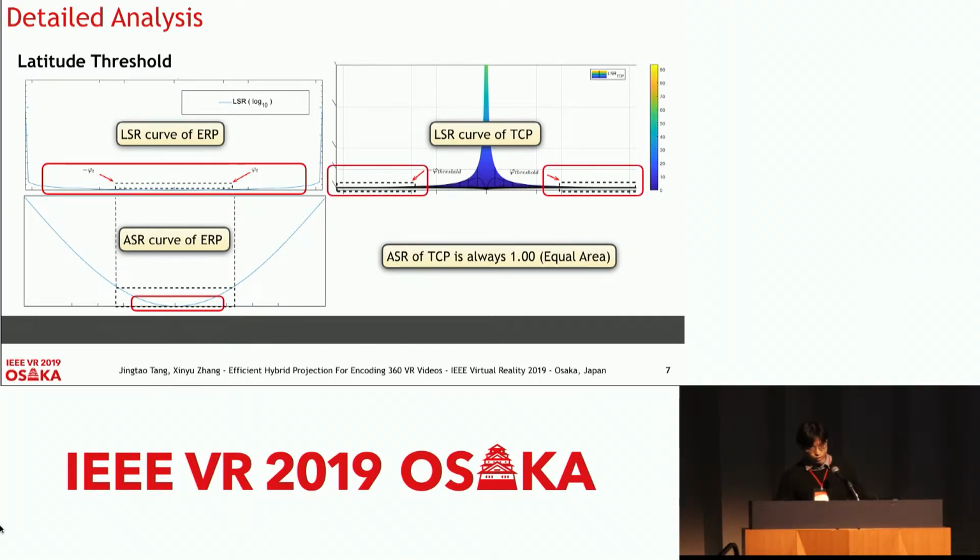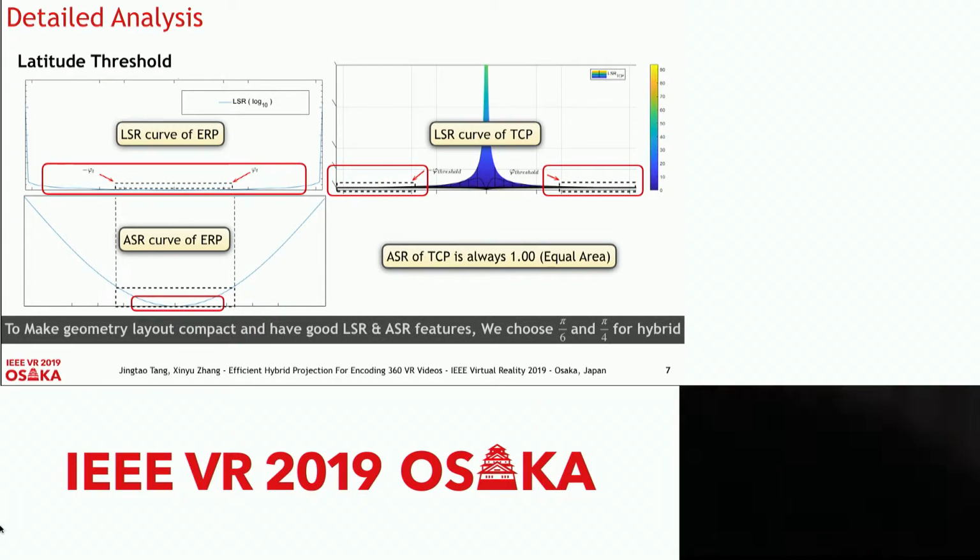The linear stretching ratio is well controlled as long as the pixels stay away from the equator. And since it is an equal area projection, the area stretching ratio is always 1, so it has no area distortion.